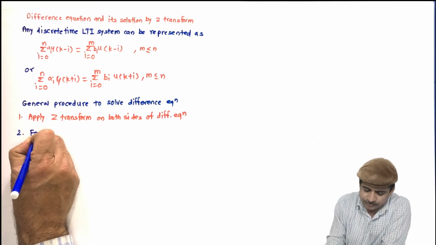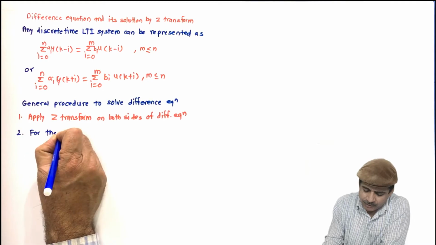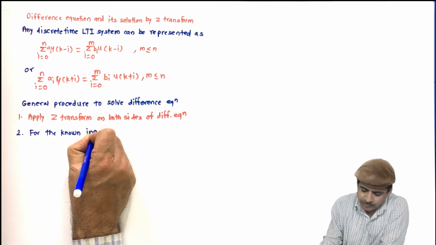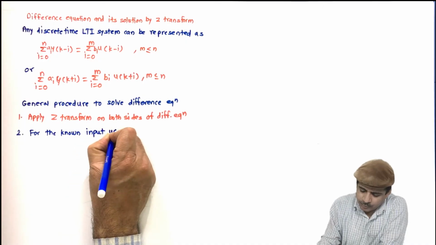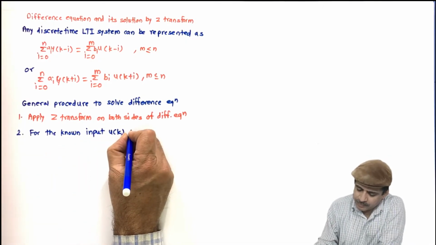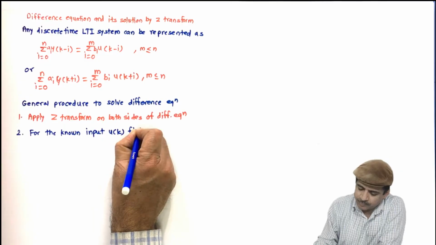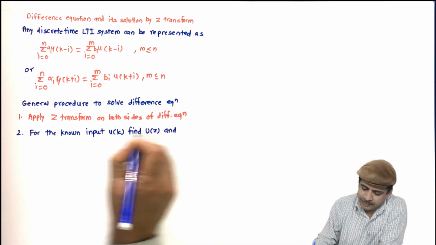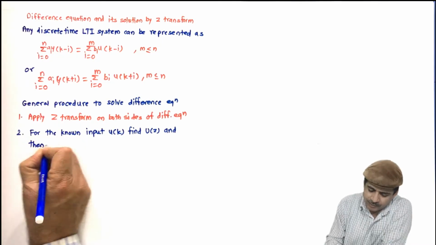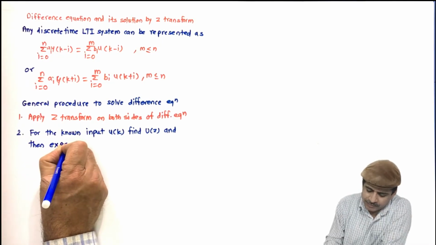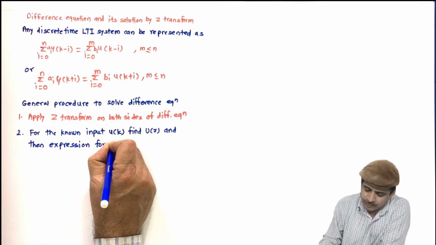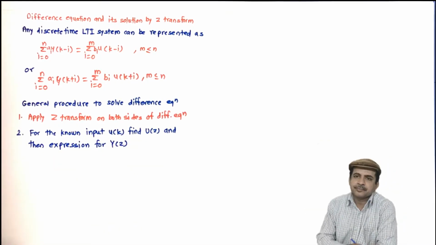Then, for the known input u of k, find u of z, and then get the expression for y of z.